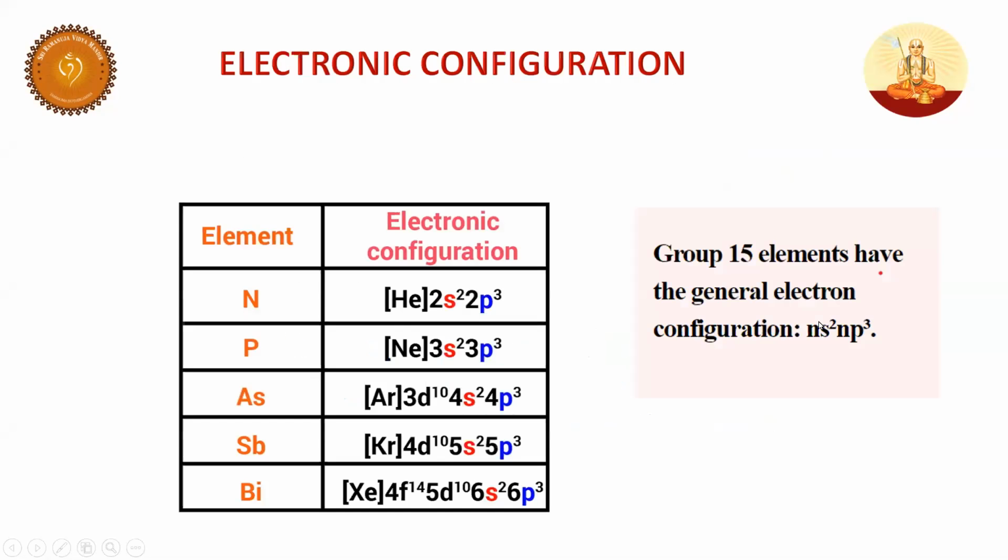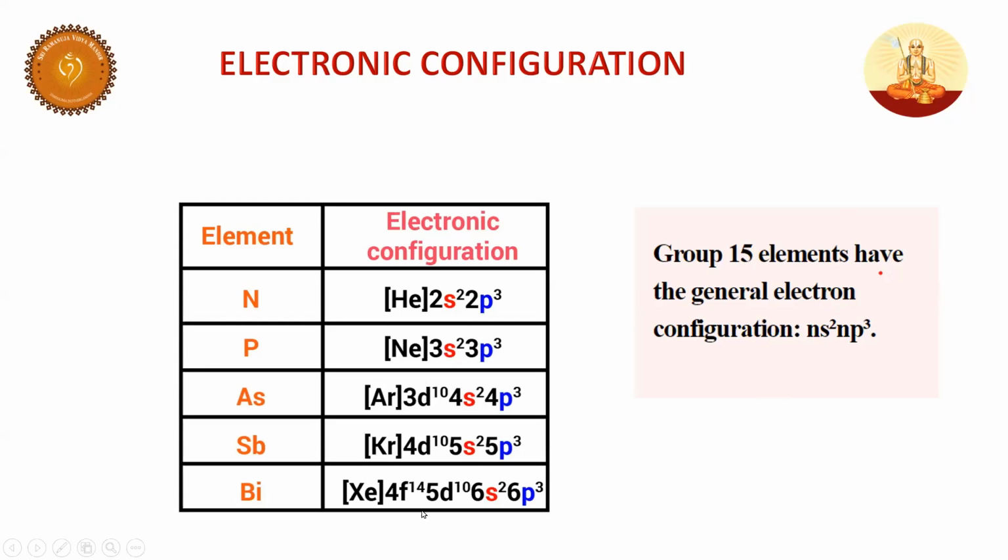Now let us understand the electronic configuration of fifth group elements. Students, have a look here. Regarding the electronic configuration, the fifth group elements have half-filled electronic configuration, that is 2p3 and 3p3.